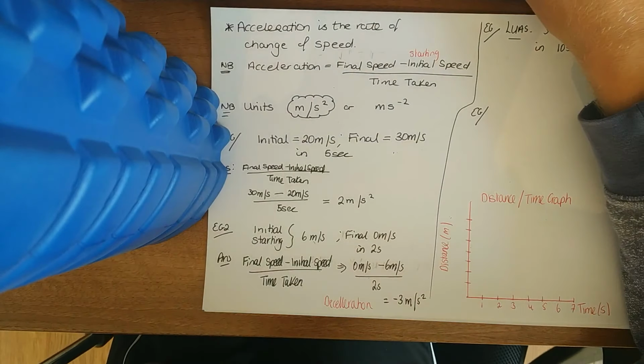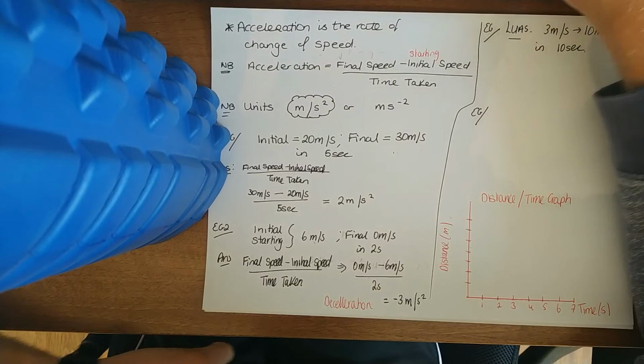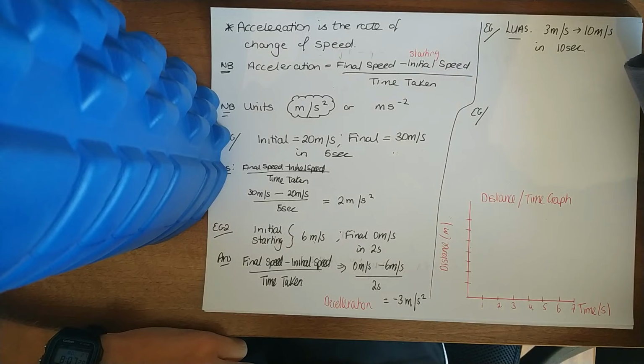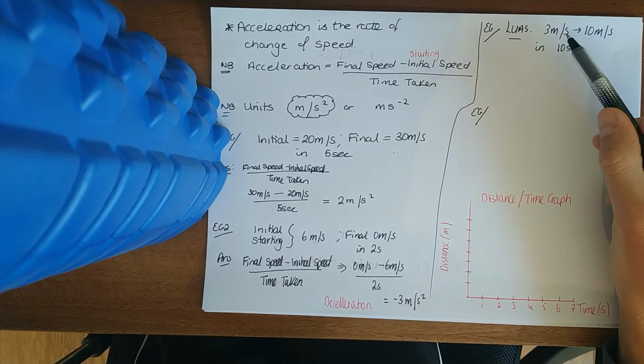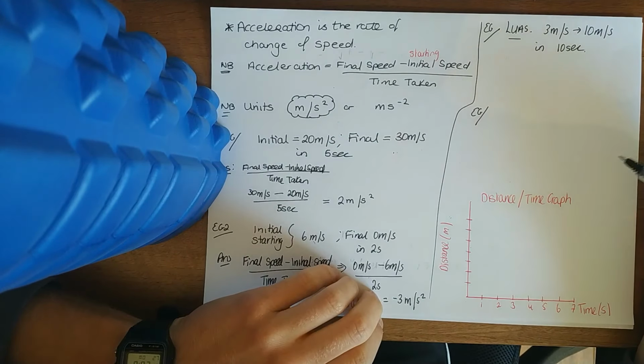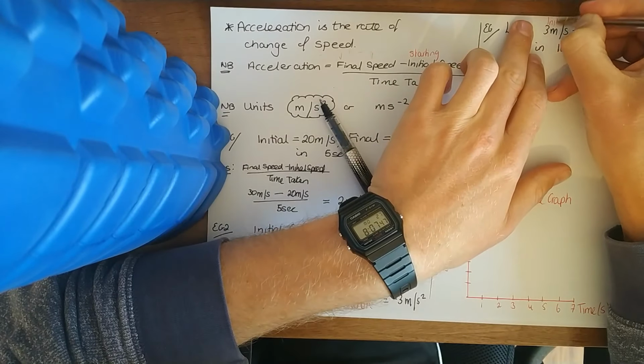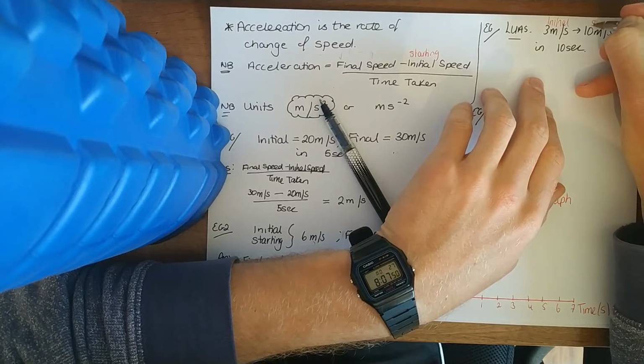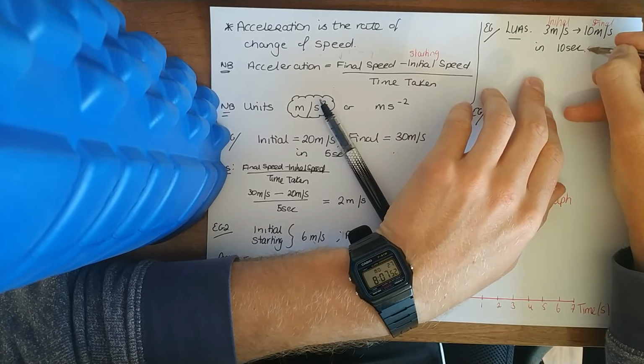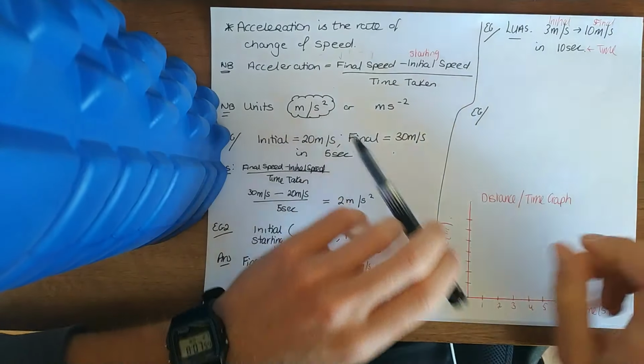Another wee one here. Lewis up in Dublin went from 3 meters per second to 10 meters per second in 10 seconds. I just took this from the worked example on page 29 of your booklet. So from 3, that's my initial, that's my starting, to 10, that's my final, in 10 seconds, that's the time it took.